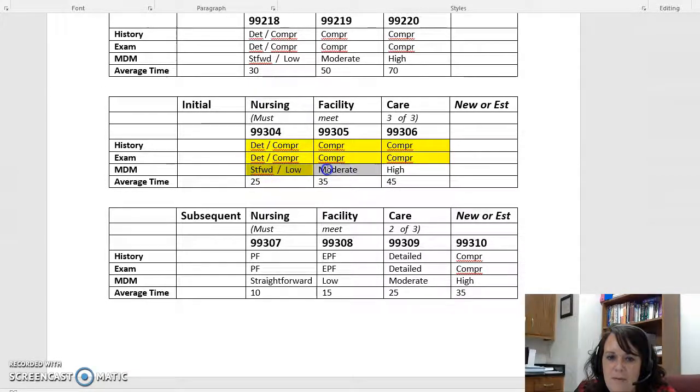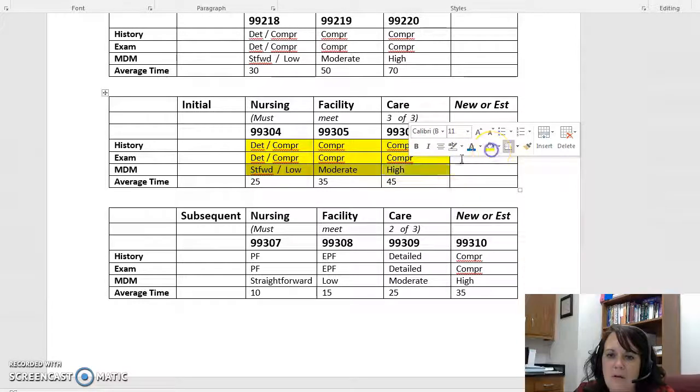If I said the medical decision making was moderate, and I have to meet 3 of 3, both of these codes work, right? But if I code completely furthest to the right, to the highest specificity, my answer is 99305. Okay. What if it looked like this?